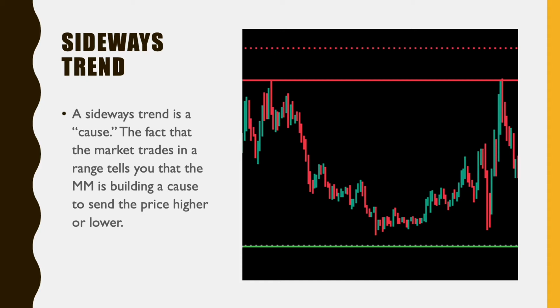What is his job? Either to accumulate, to take over the supply, or to distribute his supply to later dump the price down. If an asset is in a range, you know that the market maker is building a cause.